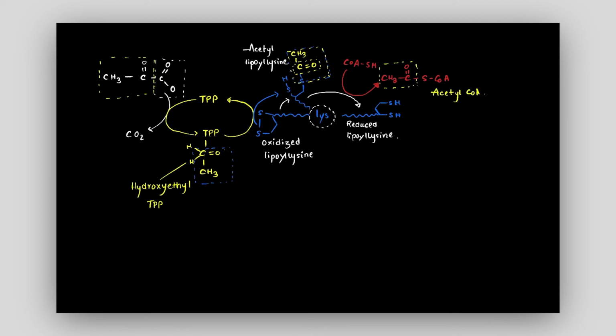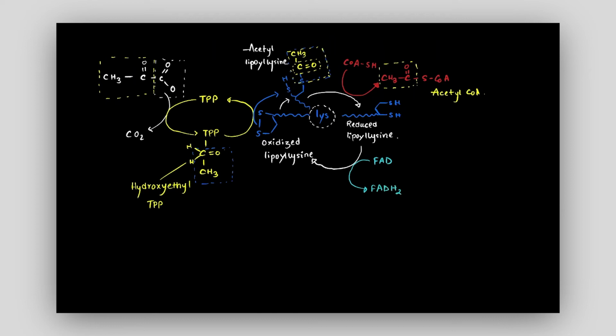Now what happens with the reduced lipoyl lysine? It cannot stay in the reduced form, otherwise the cycle won't continue. So this reduced lipoyl lysine gets converted back to the oxidized lipoyl lysine. In the process, it gives out electrons to FAD, converting it to FADH2.